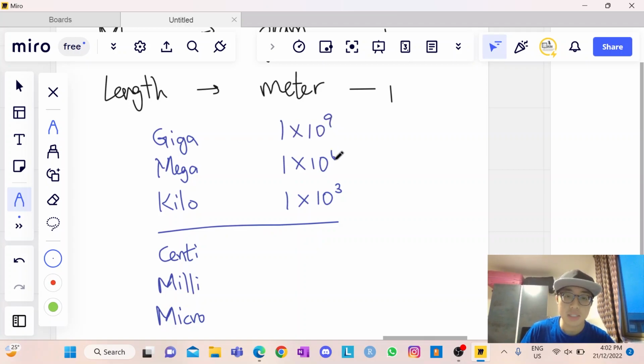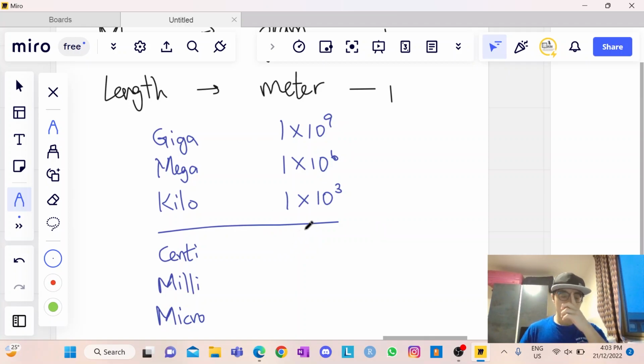As you can see, the power goes up by 3 each time. It's actually very easy. In this era, you probably know the speed of your Wi-Fi. It goes from KB to MB to GB, and sometimes TB, meaning kilobytes, megabytes, and gigabytes. So kilo, mega, and giga shouldn't be a big problem to remember. They jump from 1 to 10 to the power 3, 10 to the power 6, and 10 to the power 9.